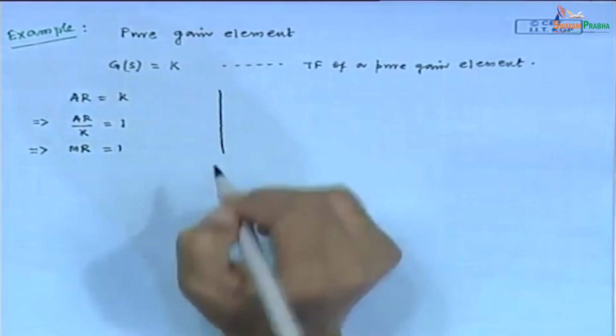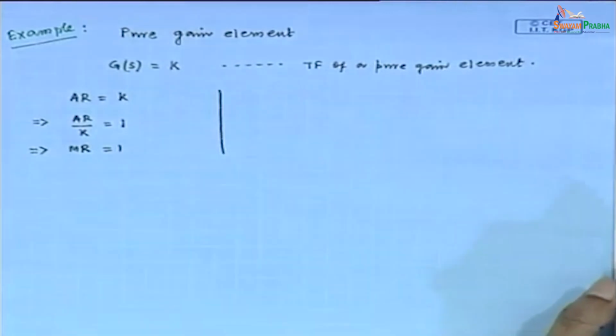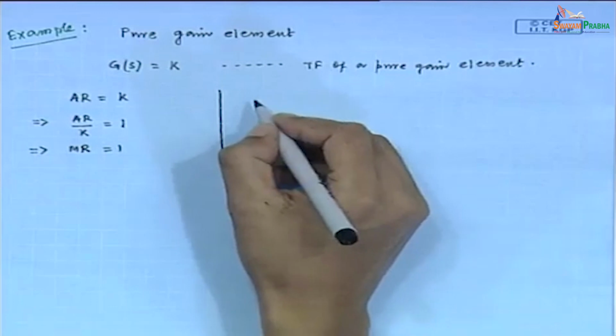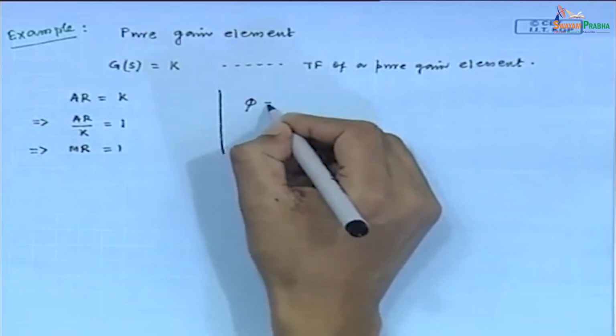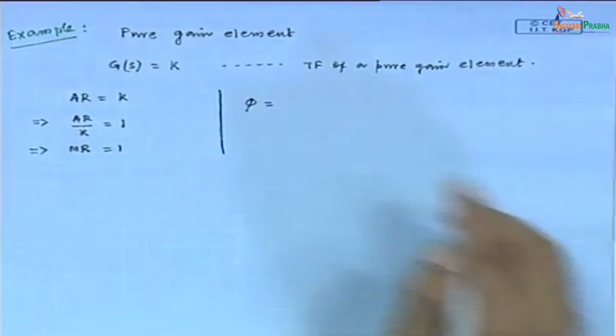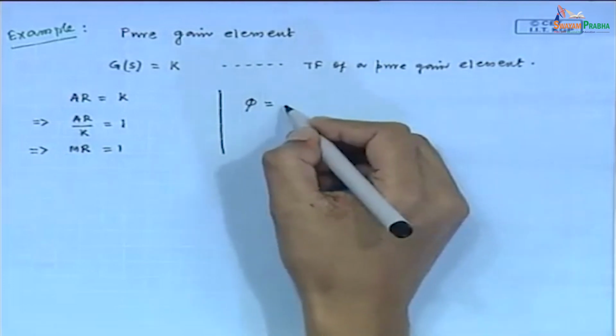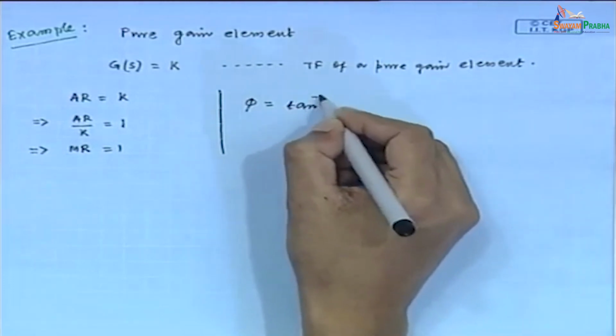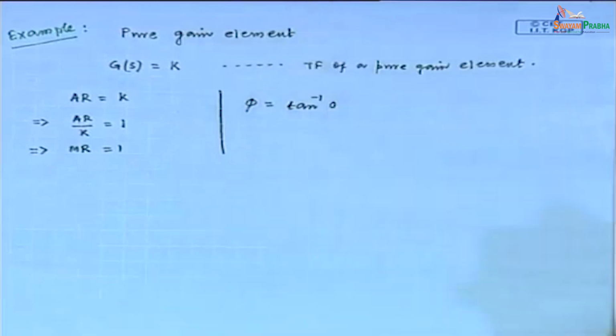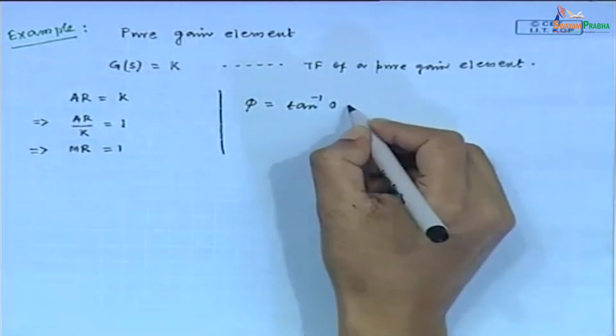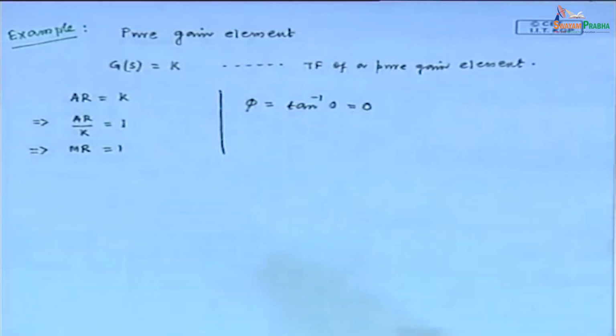Now, we will determine the expression for phase angle, phi. Phase angle will be how much? Tan inverse 0, because imaginary part is 0 and real part is k. So, 0 by k, that is 0.